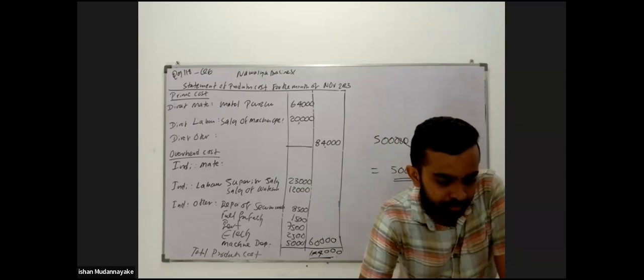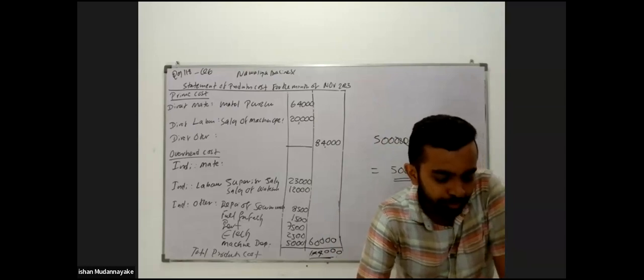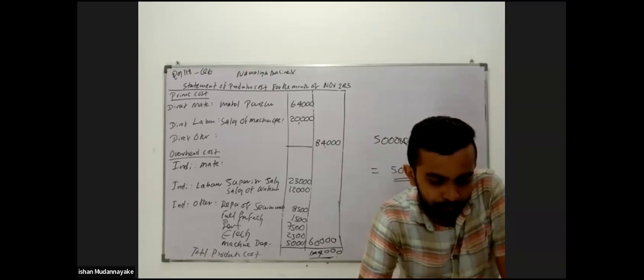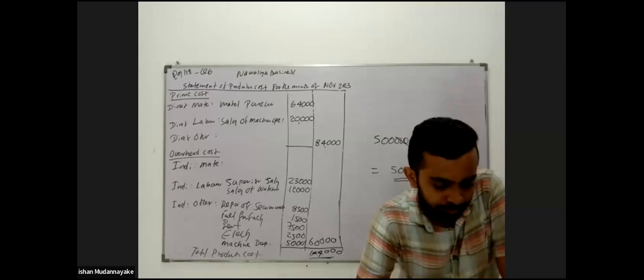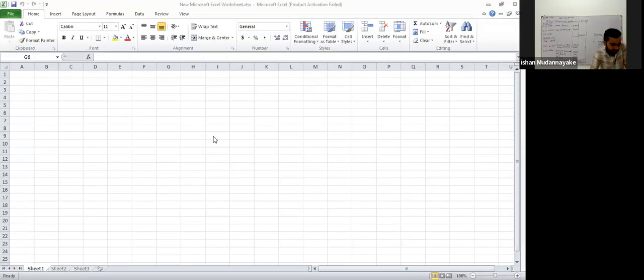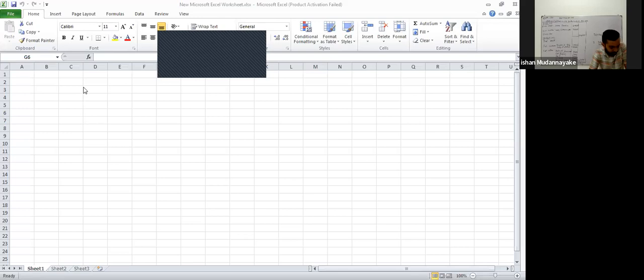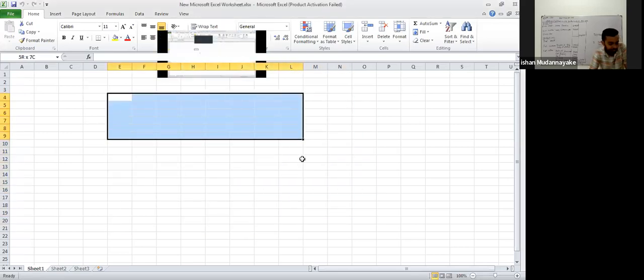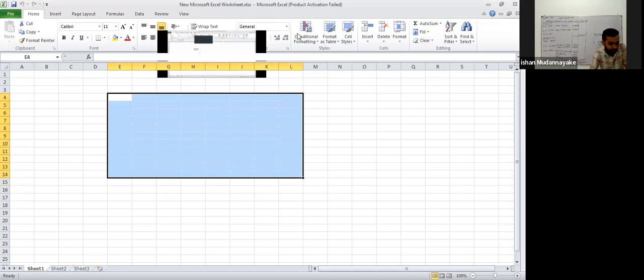But that will not be tested in the exam because you don't have an Excel sheet in the exam. I think for understanding purposes, they have given the method of preparing it using an Excel sheet.